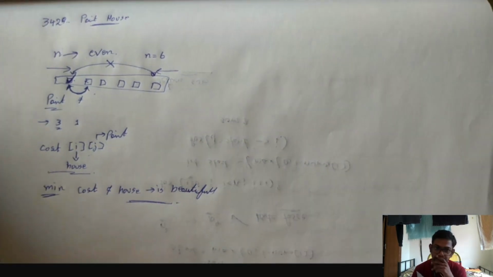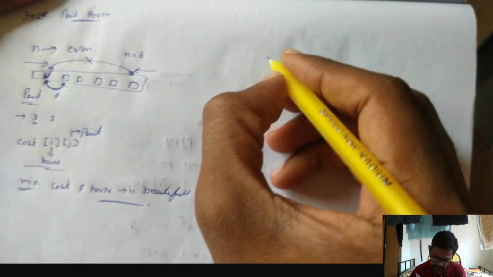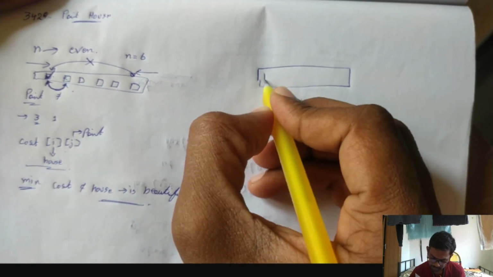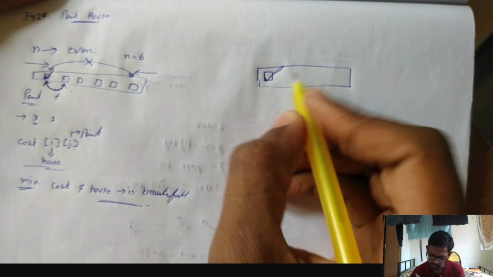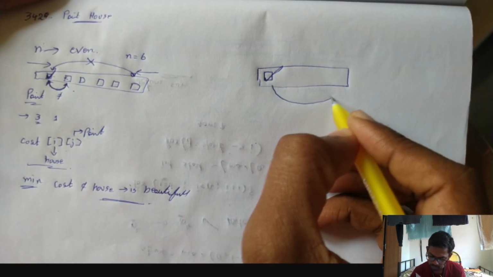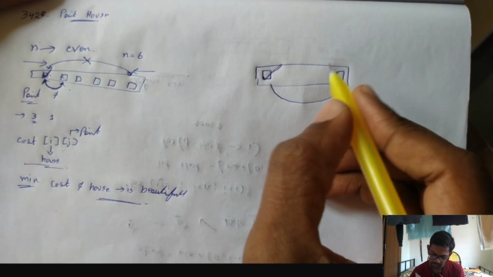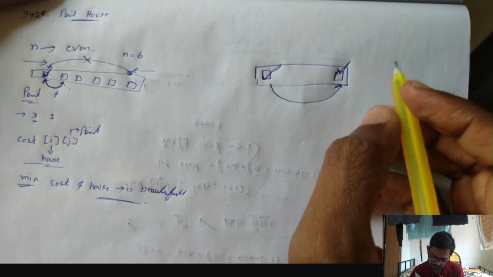So, what could be a favorable approach? When we are having these houses, we first select the house at the 0th index, paint it, and ask our algorithm to paint the final house from the end, which is equidistant, and paint it.